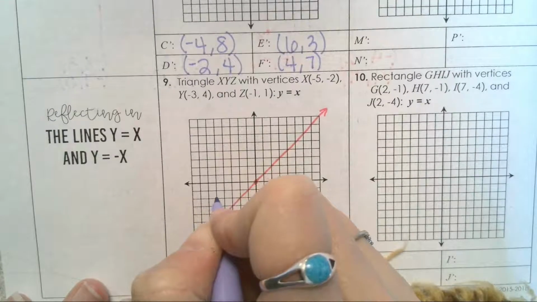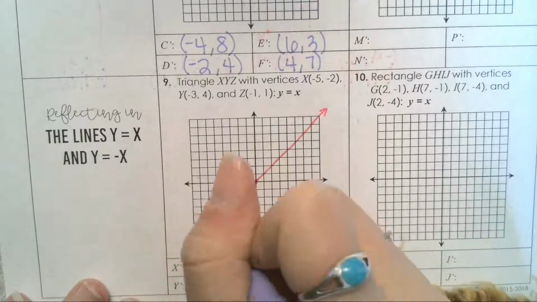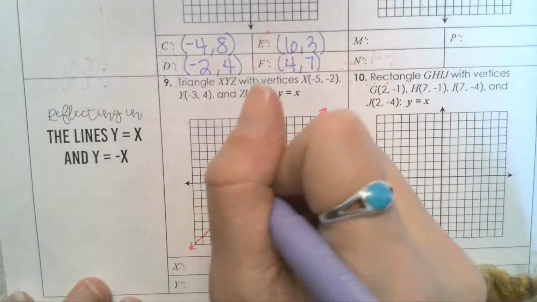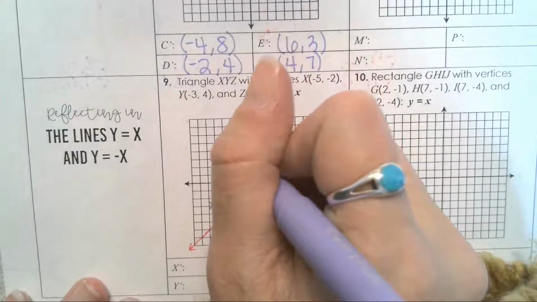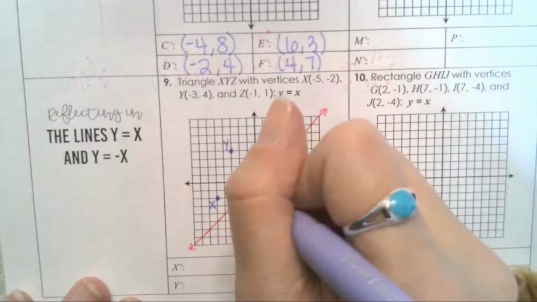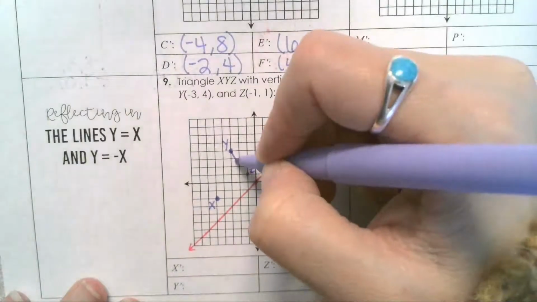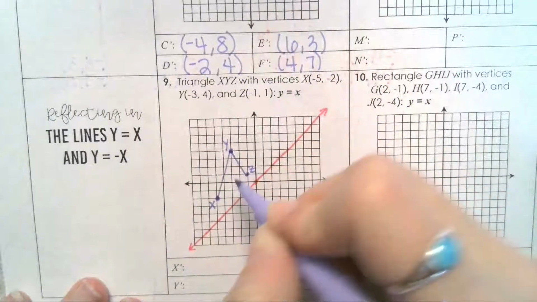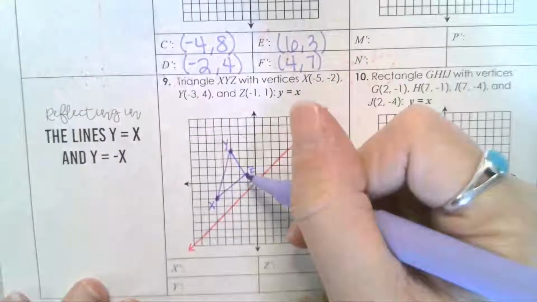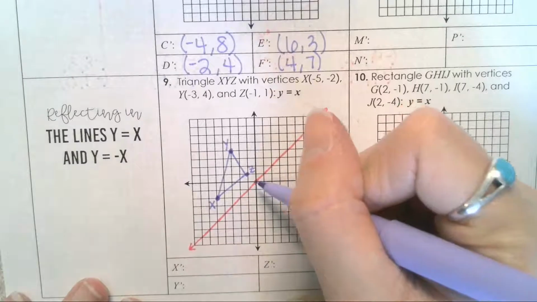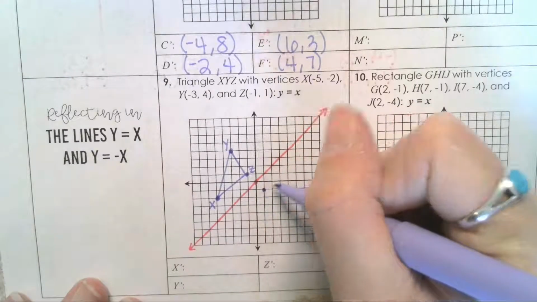-5, -2. Okay, let's start with Z. Z is one diagonal away from the line, so it's going to be another diagonal down, and it ends up there.